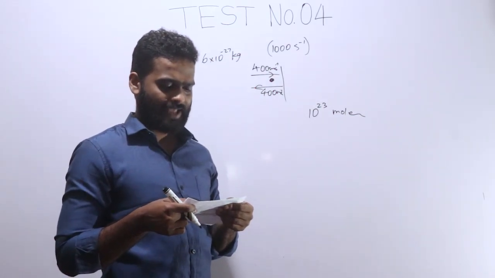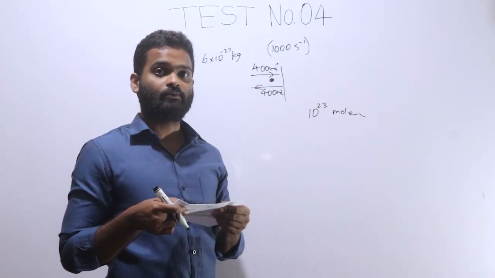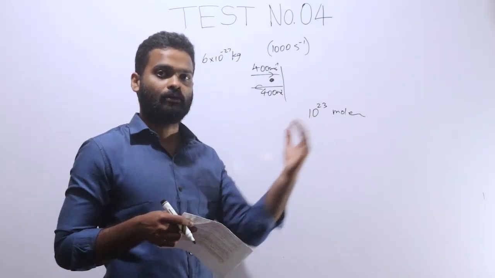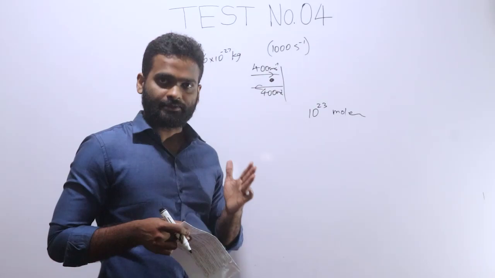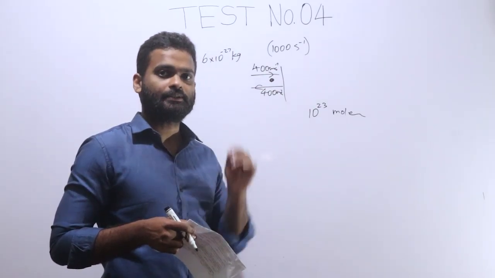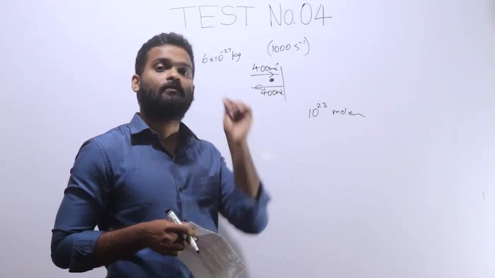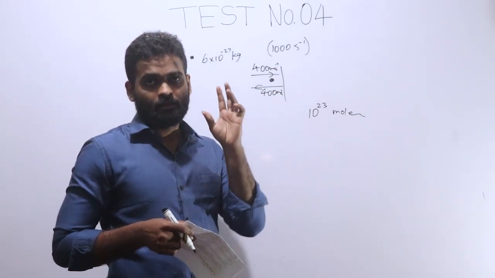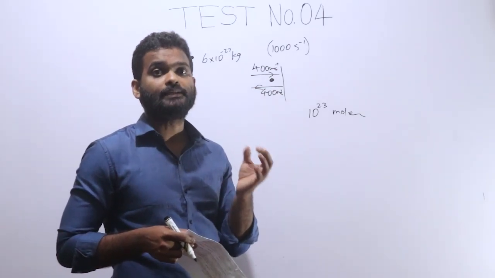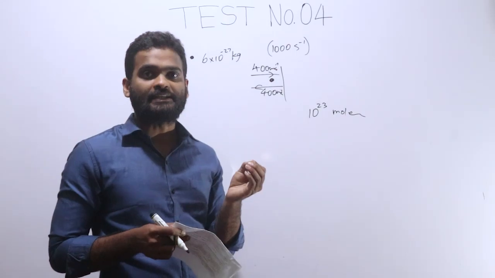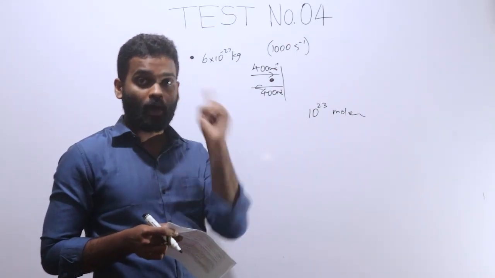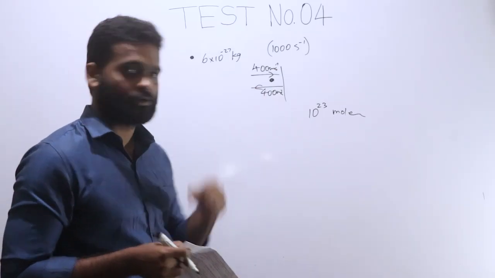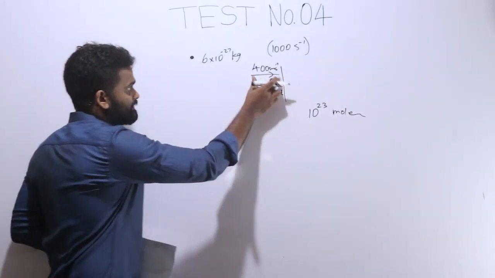So what they ask is the average force applied on the wall due to the collision of all these molecules. So first, I'll consider the collision of one air molecule. Here what we are going to find is the change of momentum for the collision of one air molecule.